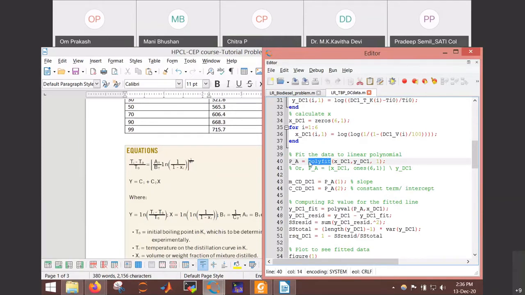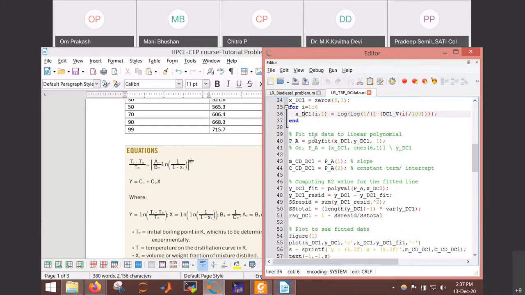It takes the x value and y value, and 1 means I want to fit a linear curve. If you want to fit a quadratic curve, you can write 2, 3, 4, 5, like that. So PA will give us the coefficients. It will be a column vector: the first element contains the slope, which is C2, and the second element contains the constant C1.